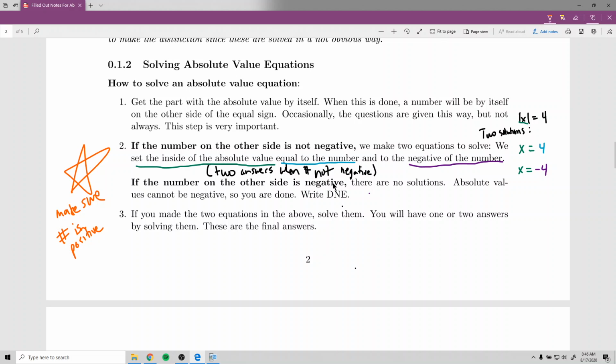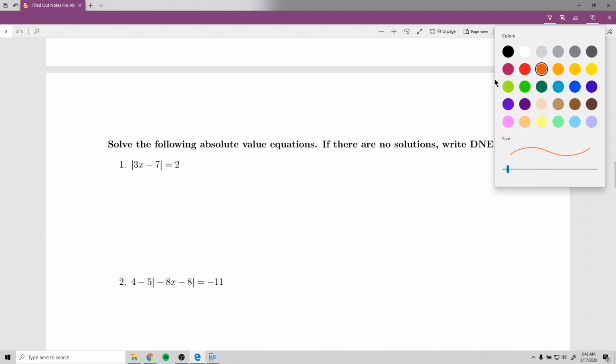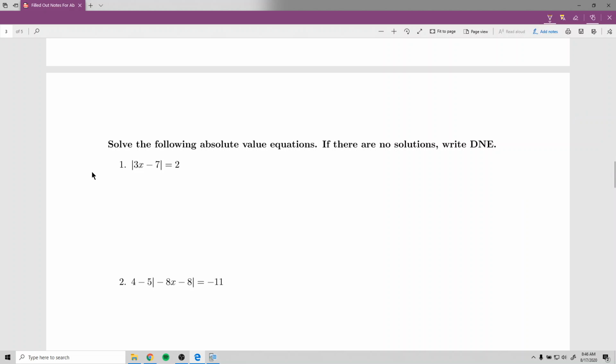All right, so that's our background for why we're going to have 2 answers or 0 when we solve absolute value equations. And I just have a few examples here. The first step to solving any absolute value equation is to get the absolute value part by itself.